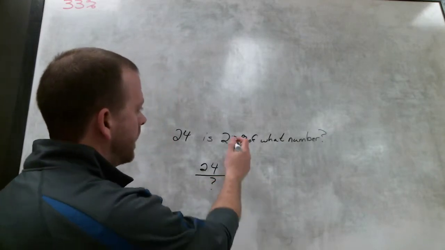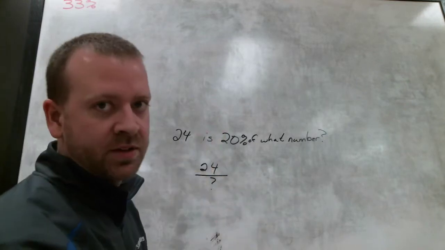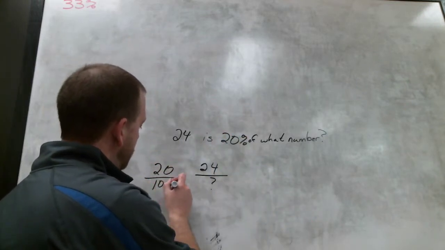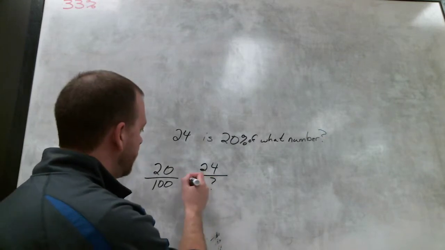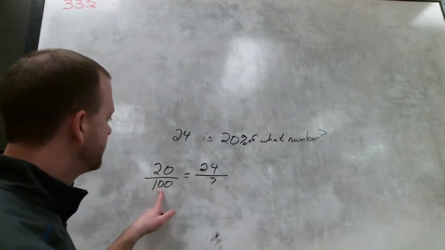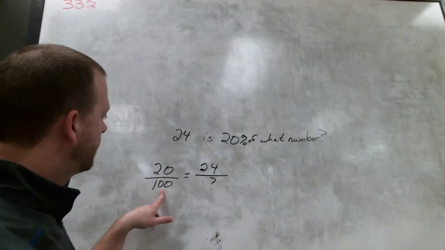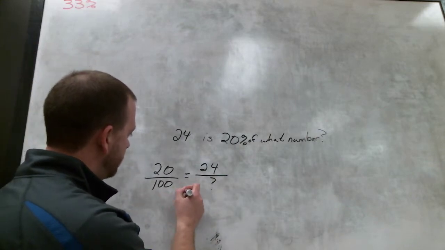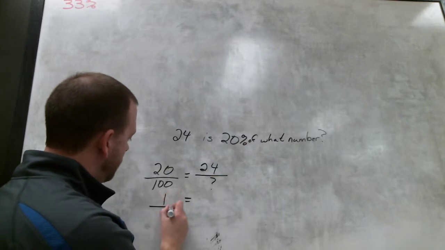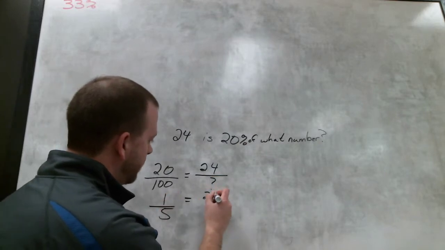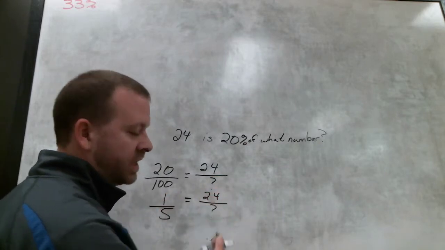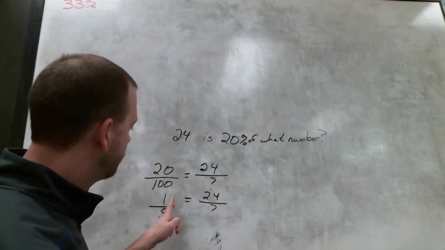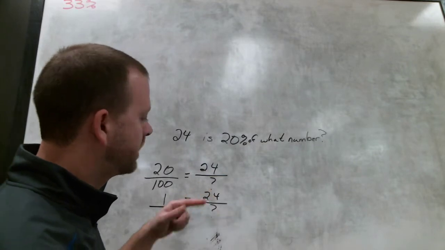All right, and then I know that since percentages are based on 100, I'm going to put my 20 over 100. Now I want to simplify this, and I know that I can make this 1/5. Bring down my stuff here, rewrite it, makes it a little easier so I can see it. And I need to see, okay, what do I do to this to make that 24?